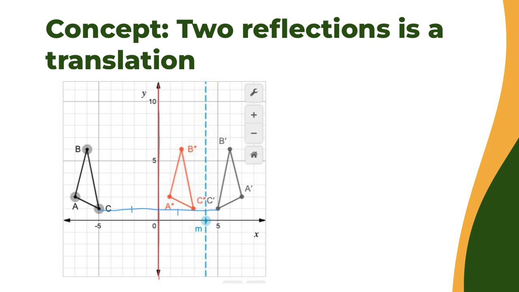So C to C prime, the distance from C to the line of reflection is the same as from the line of reflection to C prime. And same with A to A prime, and then B to B prime. So this distance and that distance are the same. Imagine you're folding a paper over this line, that triangle ends up over here. Okay, so that's our first reflection.